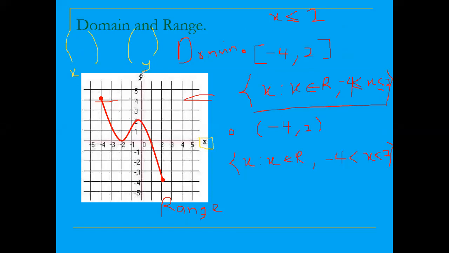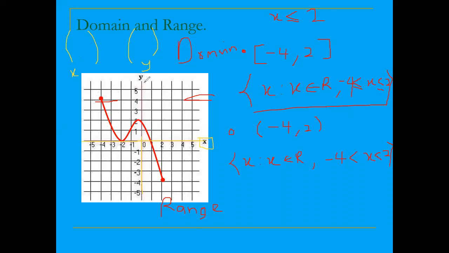Now, when we come to the graphical representation, this is the X-axis. So the X-axis contains the values of X. And then the Y-axis contains what?